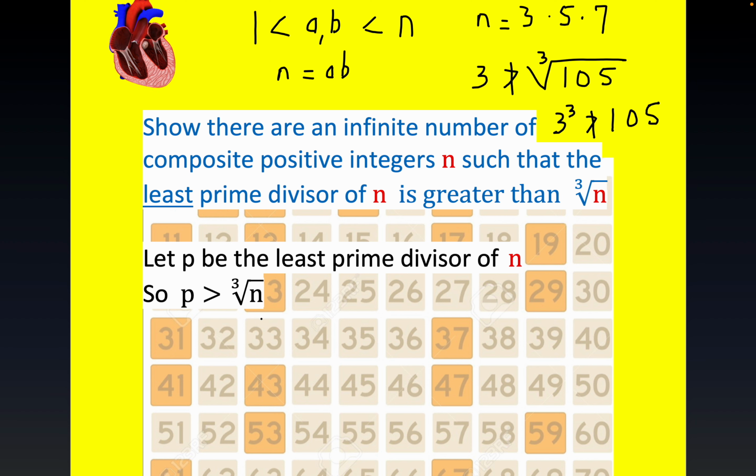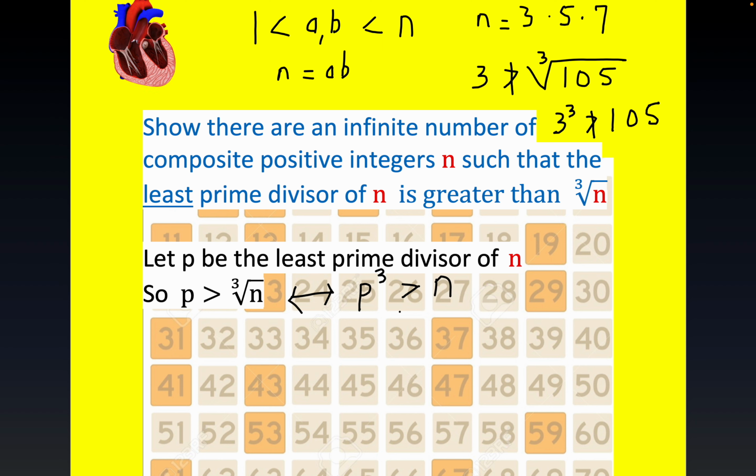This is equivalent to P cubed being greater than n.